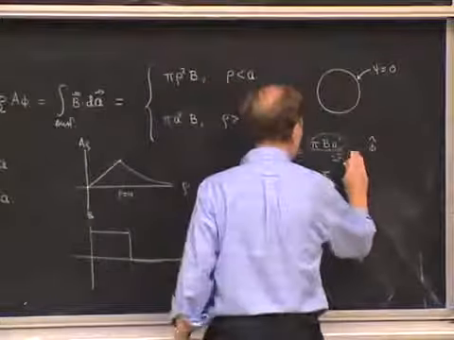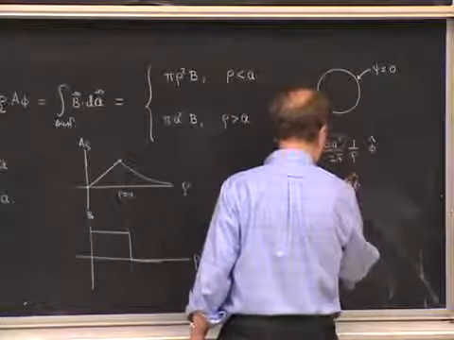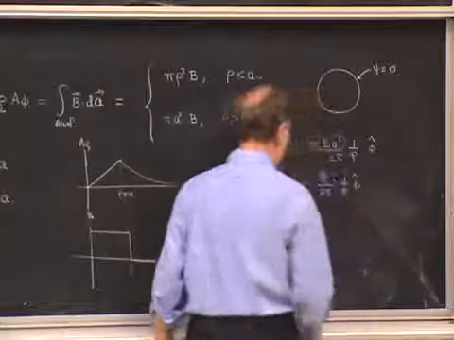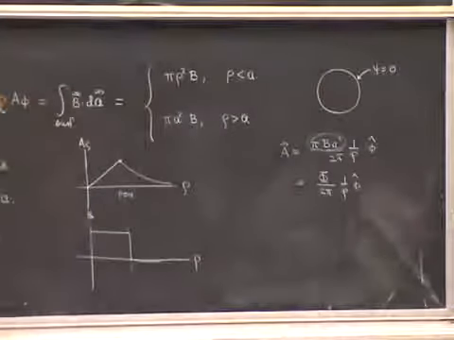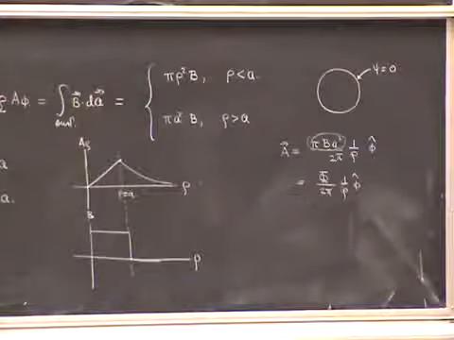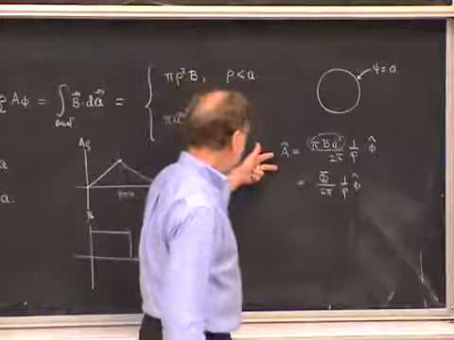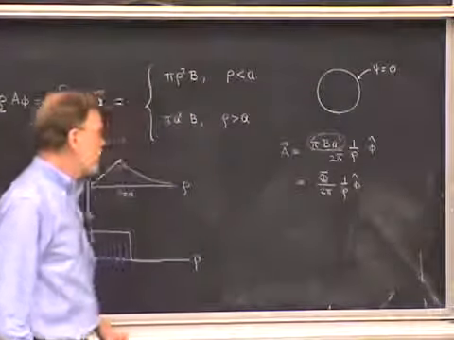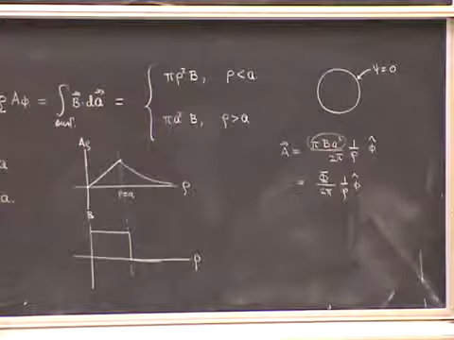It's 1 over rho times phi hat. As we say, this vector potential is pure gauge.